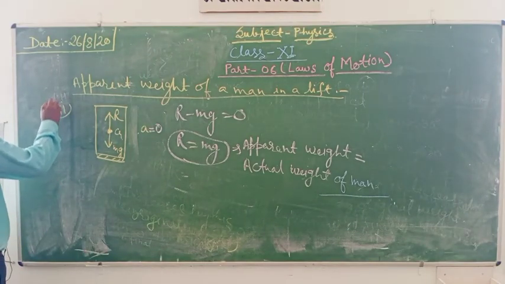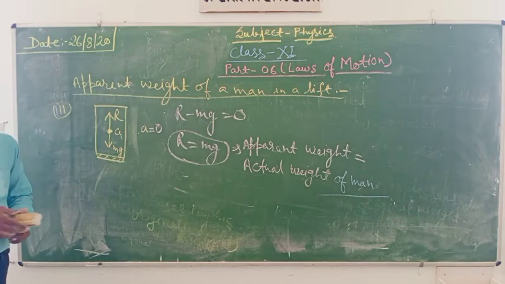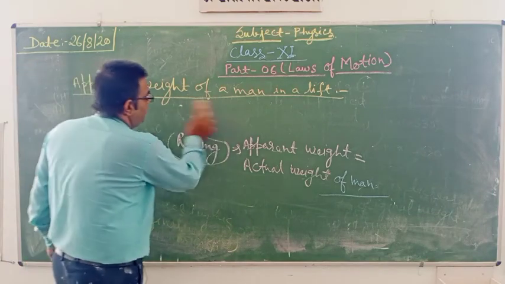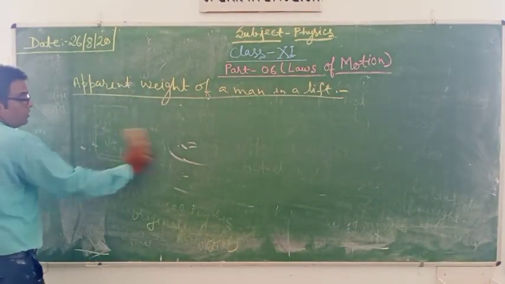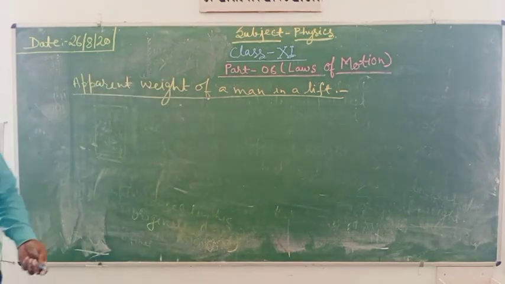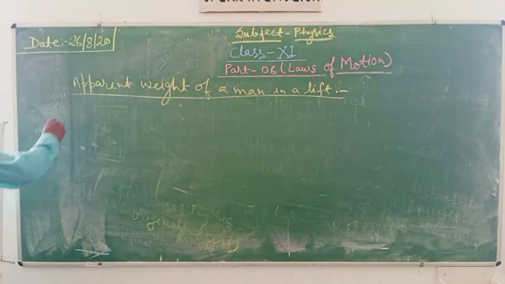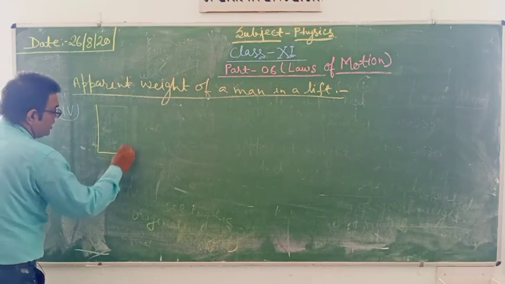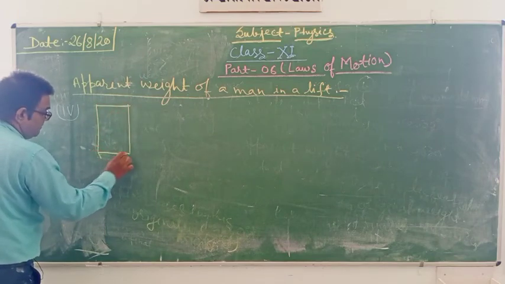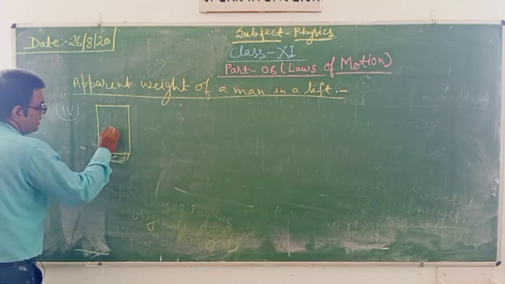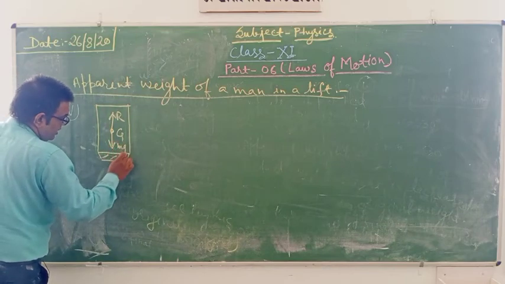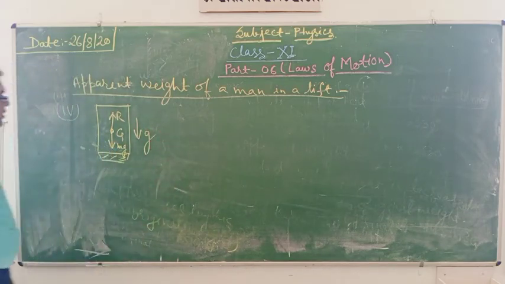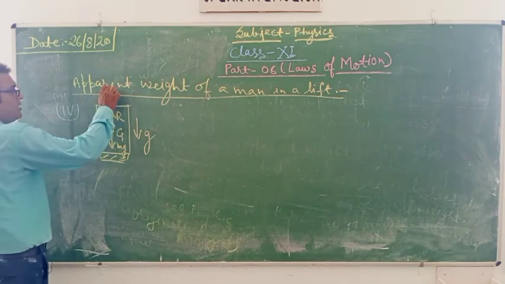Now, suppose there is a case when the lift falls downward with acceleration due to gravity. Suppose this is the lift, with normal reaction R and weight mg, and the lift is hanged by a rope.